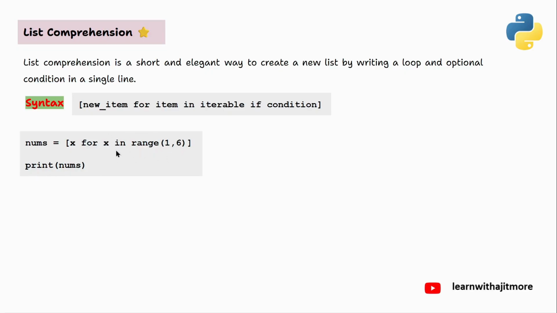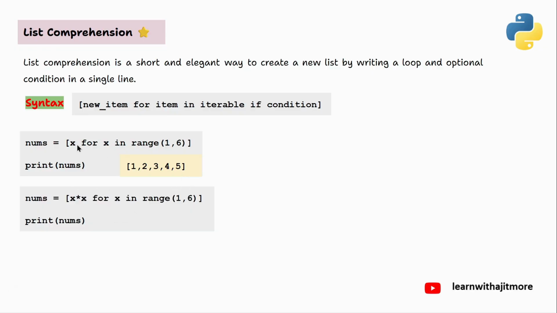So when this for loop will work, what will come in x every time? 1, 2, 3, 4, and 5. 6 exclusive. आपको पता है अभी ये. So every time what is coming in x? 1, 2, 3, 4, 5. That x only you are putting in a square. So directly when you check your nums, it's a list of 1, 2, 3, 4, 5.